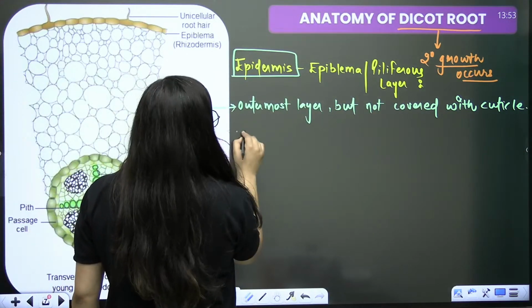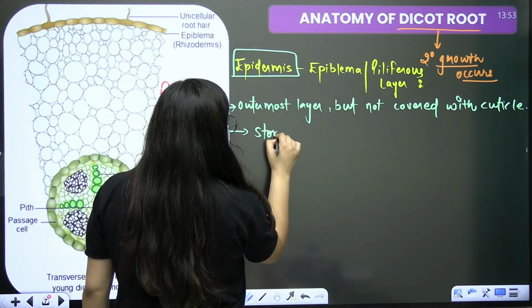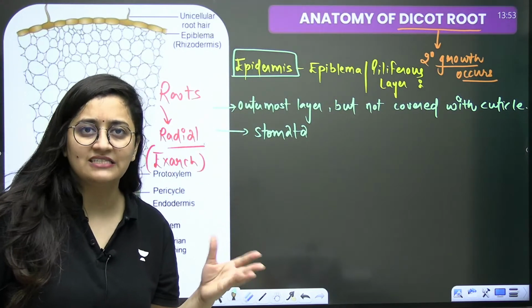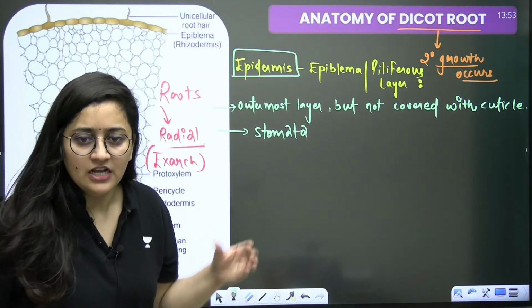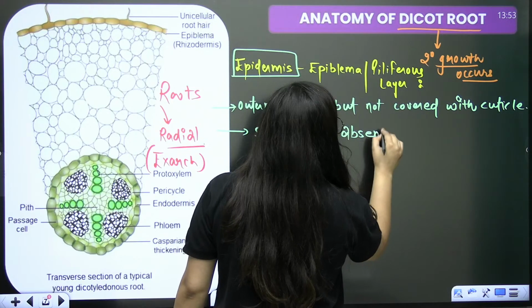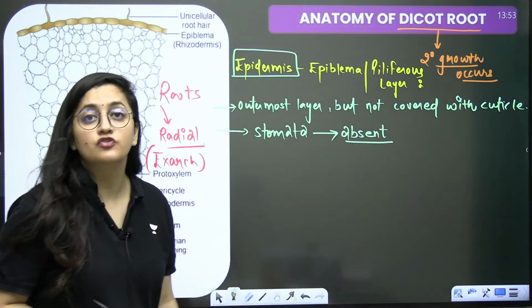And moreover, stomata are absent, because from roots there is no loss of water in the form of gases, no transpiration. Stomata are not part of this epidermal tissue system in the case of roots.